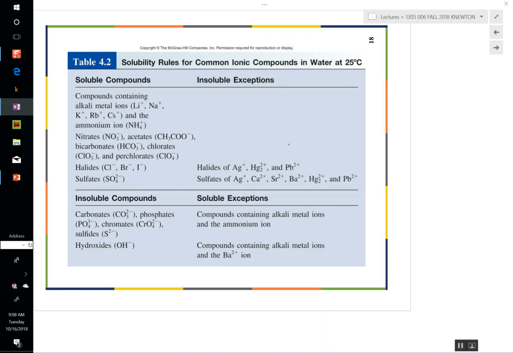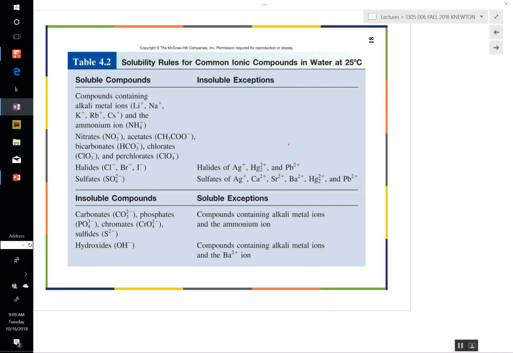And the question is going to be, is this soluble? In other words, we would put an AQ right here, or is this a precipitate, in which we would put an S right there? That would indicate precipitate. It's not saying it's soluble, it's saying it's solid. So we would be asking the question, if I mix this with this, would I get a precipitate?